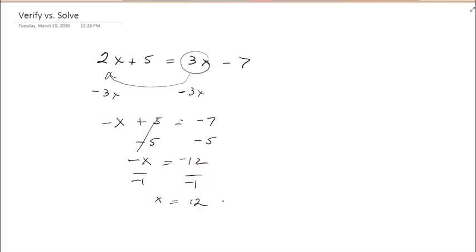Okay, we are allowed to do all of the steps we just did because we can assume the left-hand side does indeed equal the right-hand side.